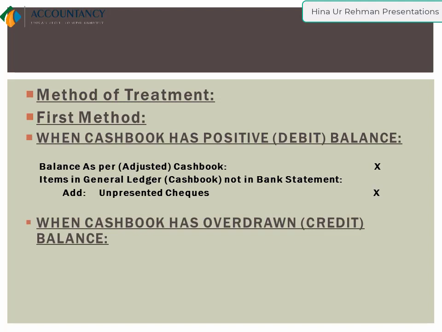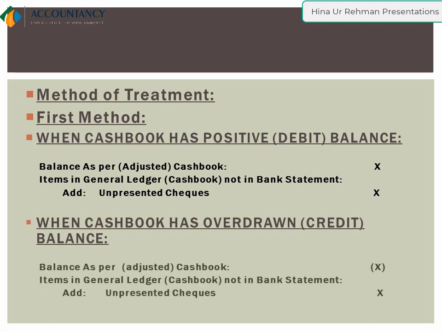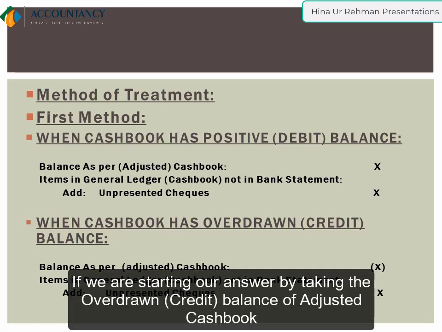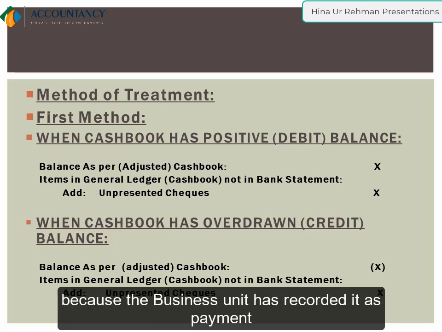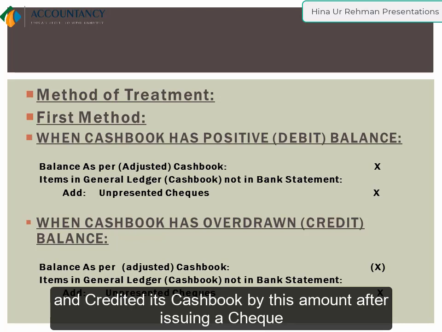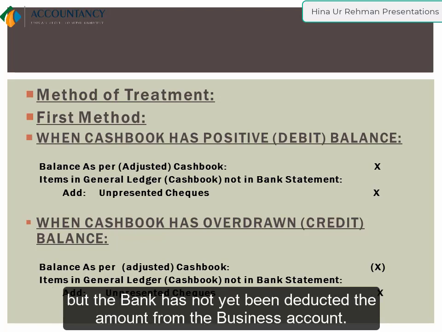When cash book has overdrawn credit balance. If we are starting our answer by taking the overdrawn credit balance of adjusted cash book, then we will add the amount of unpresented checks into the balance, because the business unit has recorded it as payment and credited its cash book by this amount after issuing a check, but the bank has not yet deducted the amount from the business account.